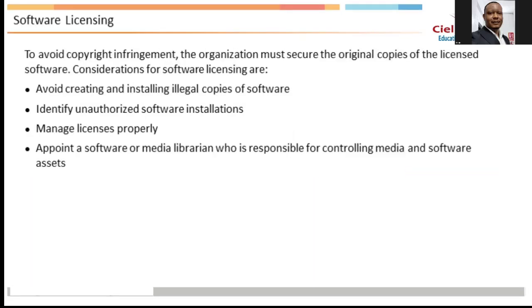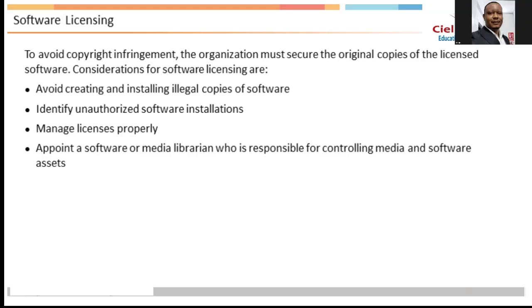Beyond that, another key thing we should also pay attention to is software licensing. This is very, very important. Remember, I talked about intellectual property earlier on. So you don't want to be on the wrong side of the law because you're contravening the usage of a particular software.